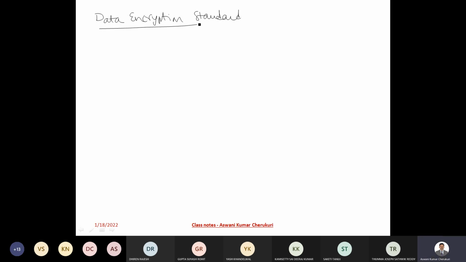The Data Encryption Standard is one of the early designed and more standard encryption algorithms. As I have already said, when I say standard, it is because it was the first commercially deployed one.